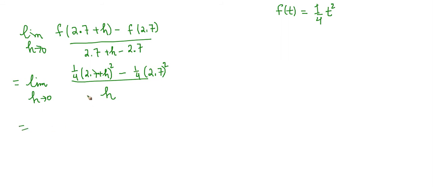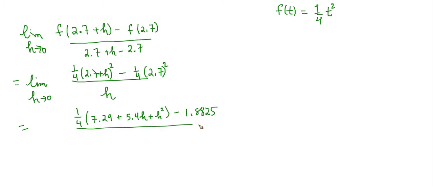Let's see what we have. We have 1/4, and if I distribute everything, I get 2.7 squared, which is 7.29, plus 5.4h, plus h squared, minus 1/4 times 2.7 squared, which turns out to be 1.8225.